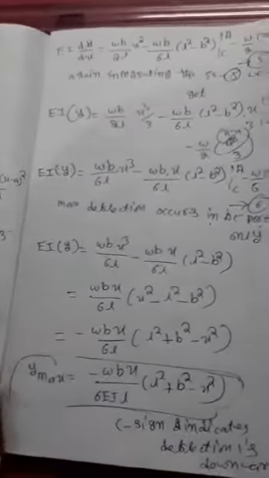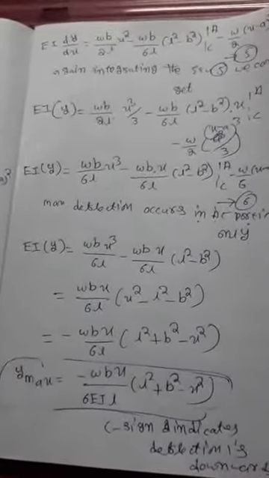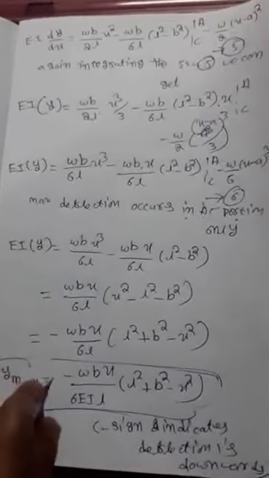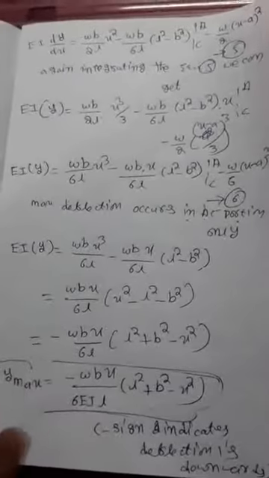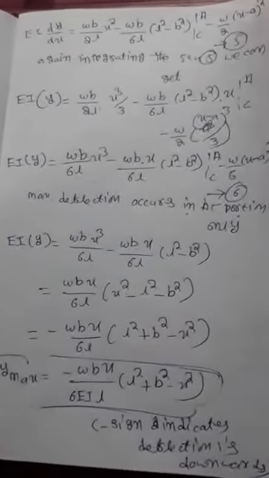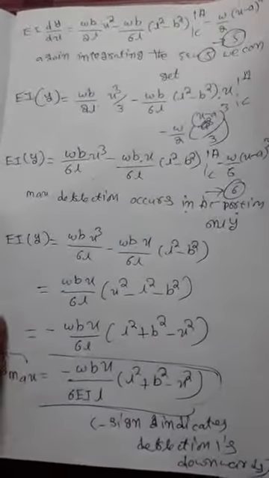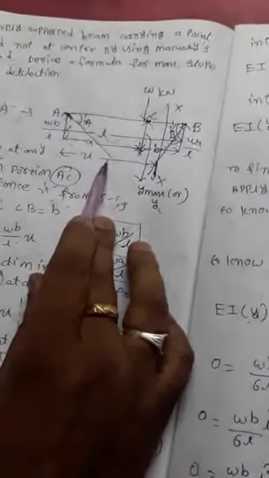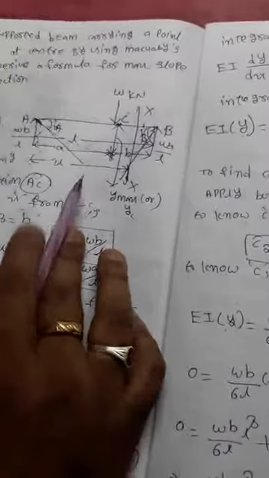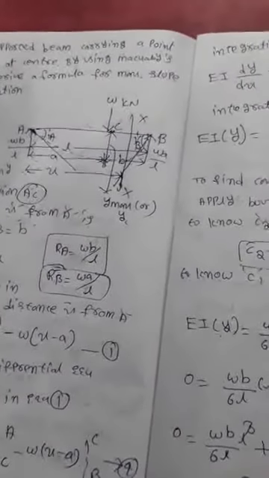In the previous video you got the slope at A and slope at B, but in this video you got the maximum deflection, for the same beam. This is the derivation for finding the maximum slope and deflection.